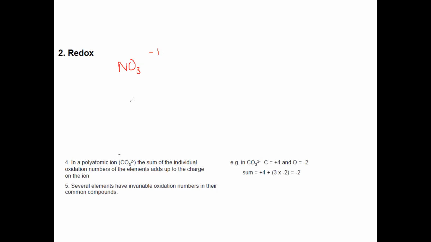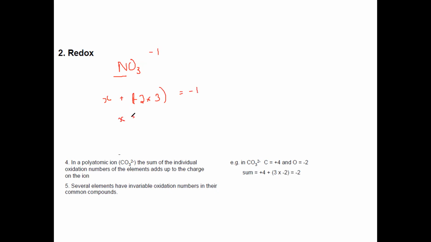Because each oxygen is -2, so 3 oxygen will be -6. So this -2 multiplied by 3 is for oxygen, plus nitrogen, which we don't know, so it is x, and the total is -1.